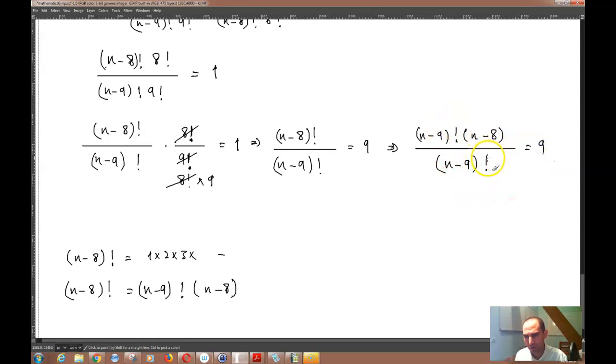Then I can simplify these two, and that basically means that n minus 8 is equal to 9, which means that n is equal to 17.